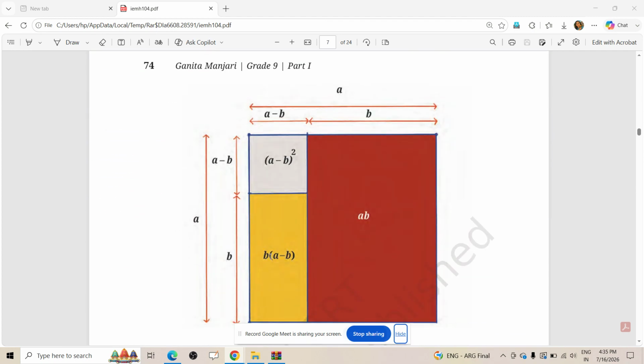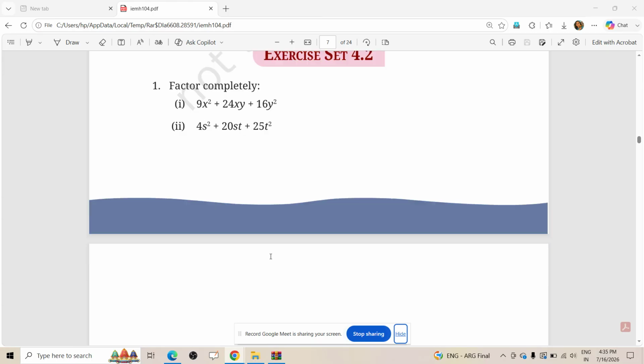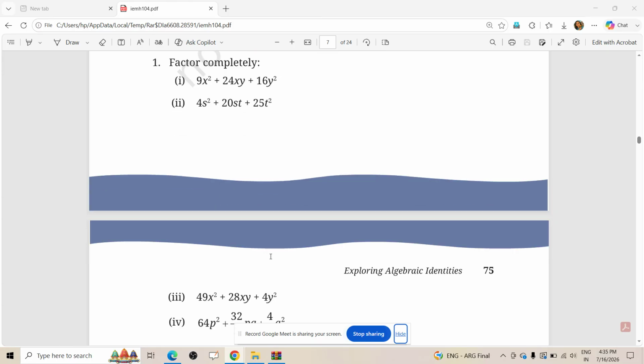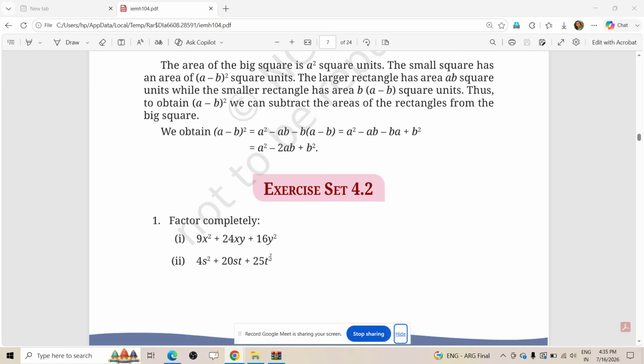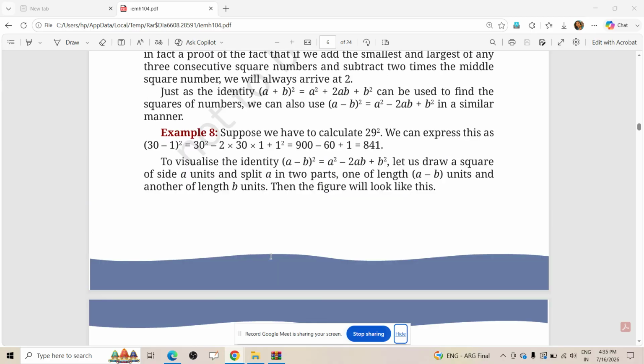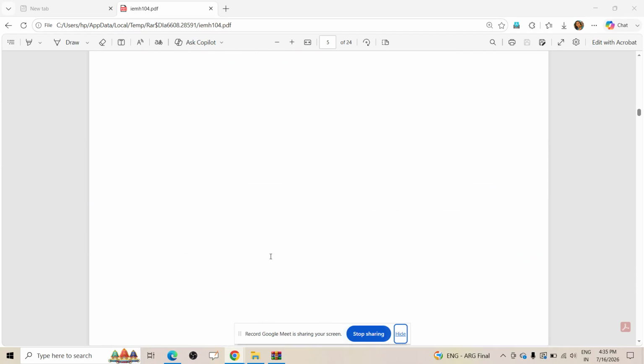You can just click a photo and send it to me on WhatsApp so that I can check that you have completed it. Okay. So do you have any doubt in all the above questions in exercise 4.1 or 4.2?